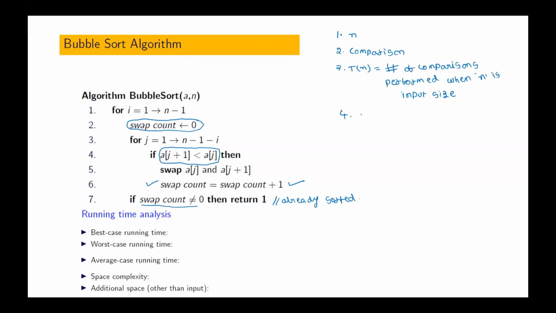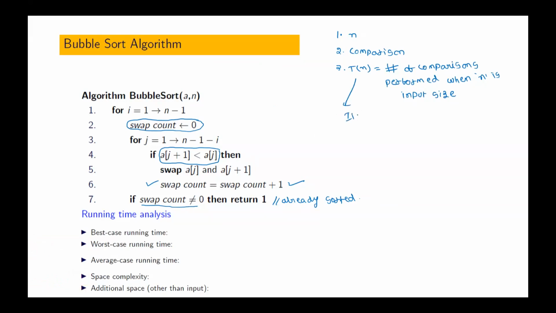Now T of n, does it depend only on n, or on the actual values in the input also?